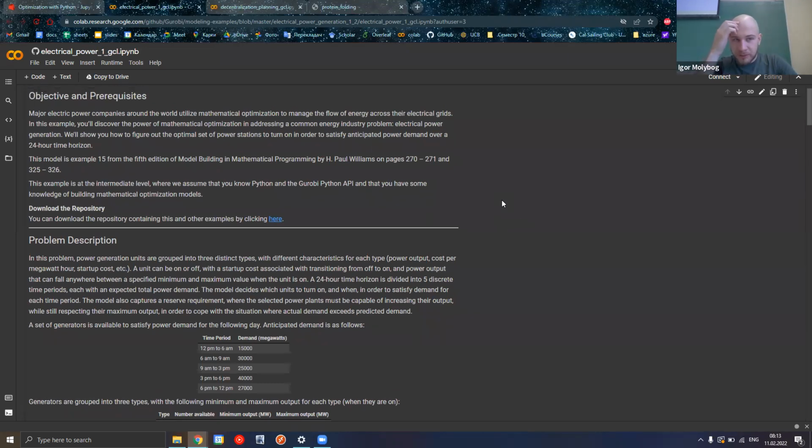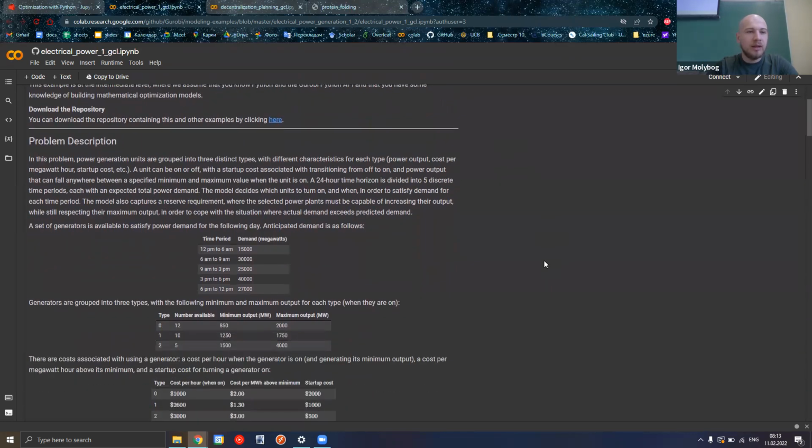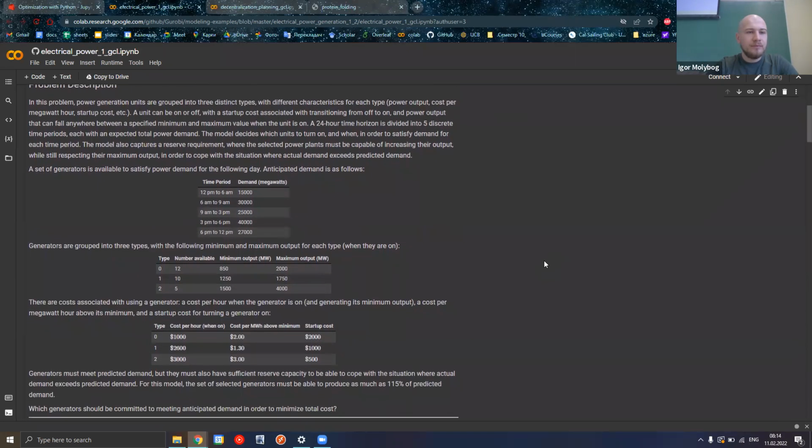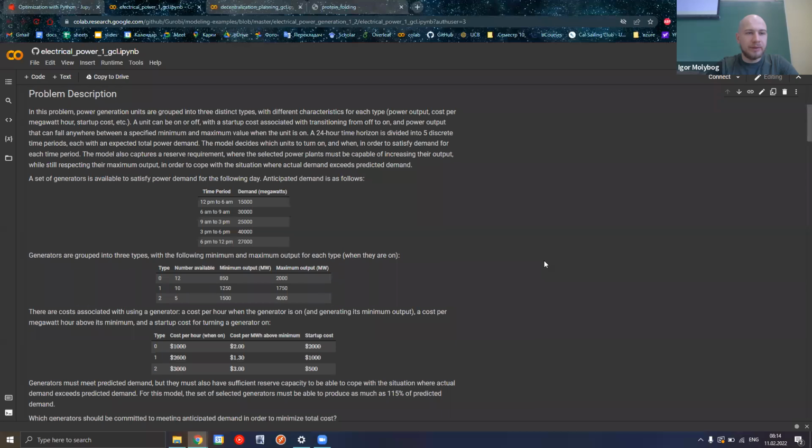So first of all, our favorite example, or the favorite system, is the electric power system. We have a problem that is called the unit commitment problem. It goes as follows. You have several types of generators. In this particular case, you have 3 types of generators.